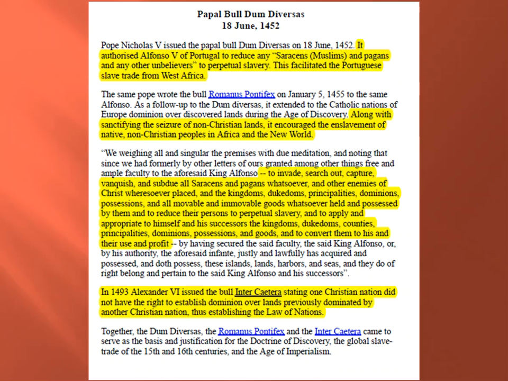Anyways, so now to the topic of this video. Pope Nicholas V issued papal bull Dum Diversas on the 18th of June 1452. It authorized Afonso V of Portugal to reduce any Muslims and pagans and any other unbelievers to perpetual slavery.